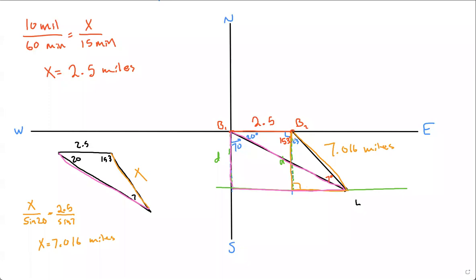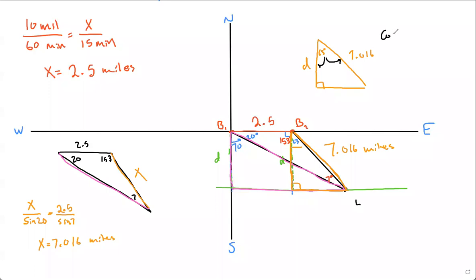So again, I now have this right triangle in orange where I know this side, which is the hypotenuse, and I can use, looks like cosine is what we'll end up using to find D. So if I draw that orange triangle out separate, we have up here a 63-degree angle. So 63, 90 degree, 7.016, and D. This is the side we want. So as you can see, we will use cosine because we have adjacent and hypotenuse for this angle.